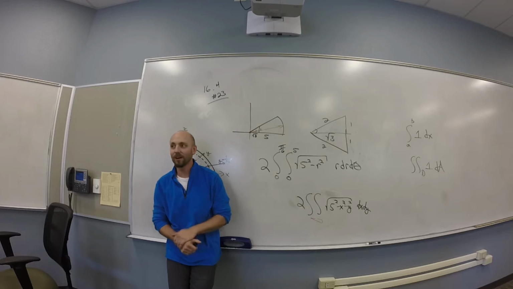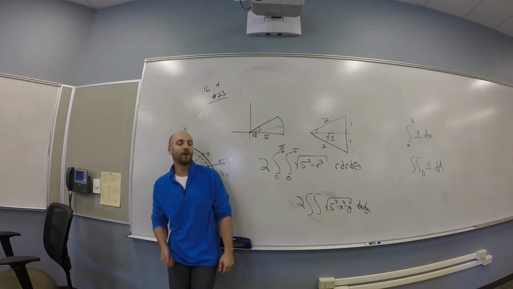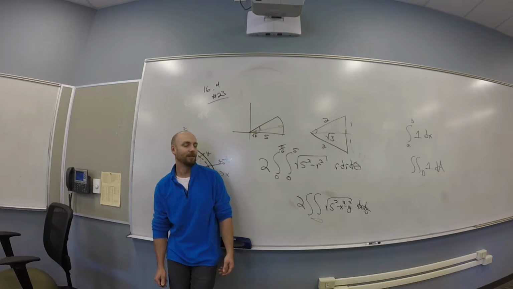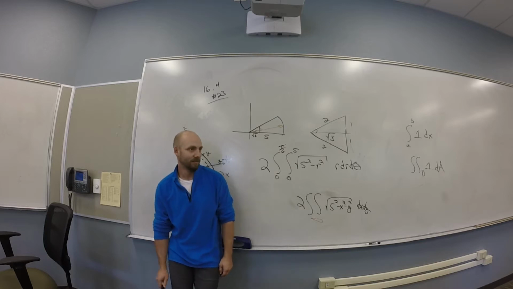Because in Calc 3, you get this tool that's actually easier than trying another integration technique. So if you can switch to another coordinate system, try it for a second. If not, then you do integration by parts or trig substitution or some garbage. But if it's not easy u-sub, try switching coordinate systems, and then hopefully things will be easier.